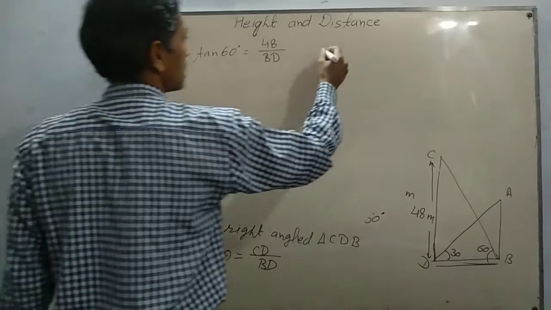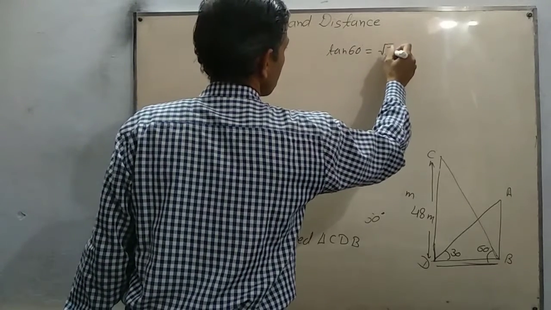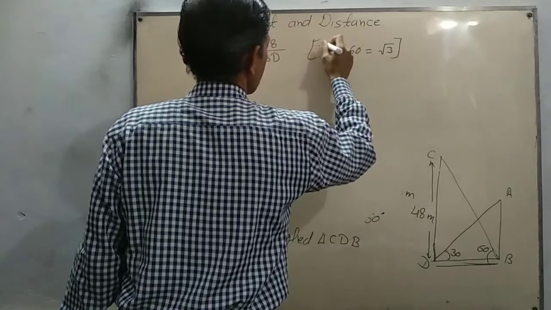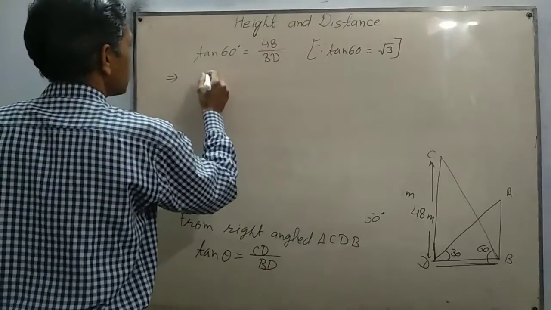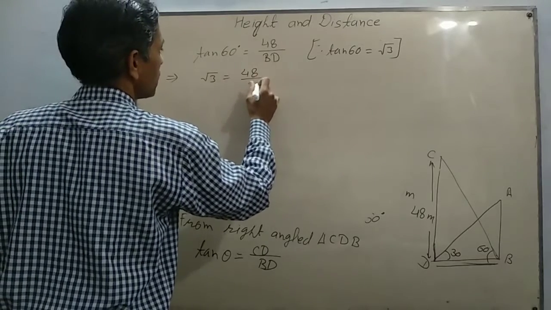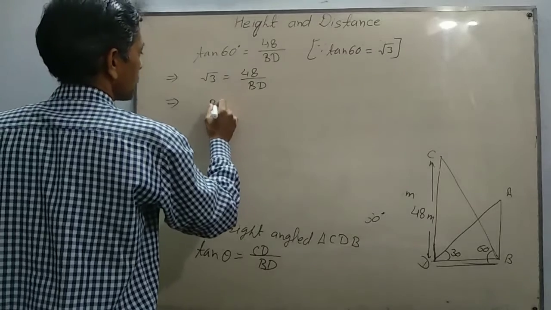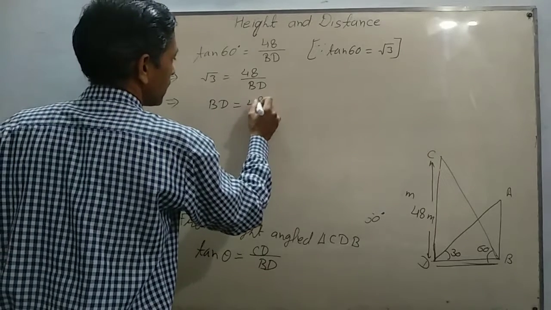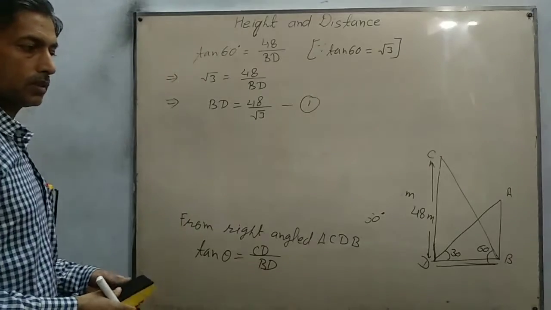Tan 60 is equal to root 3. So root 3 is equal to 48 upon BD. BD is equal to 48 upon root 3. Equation first.